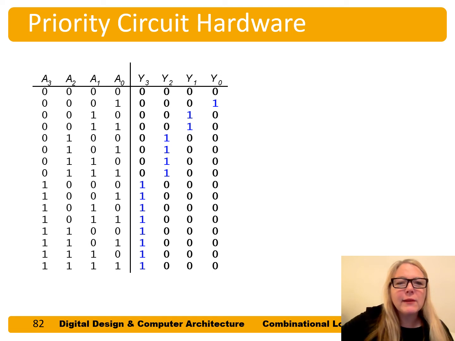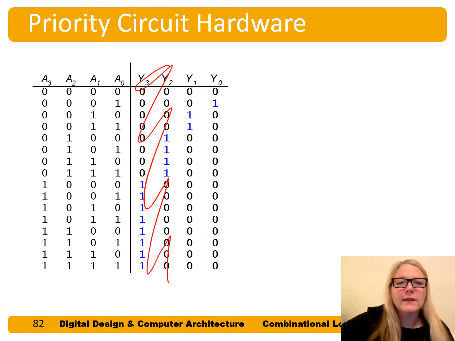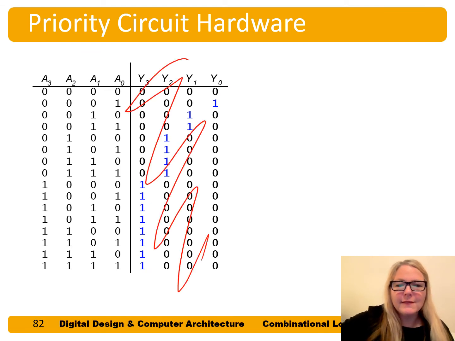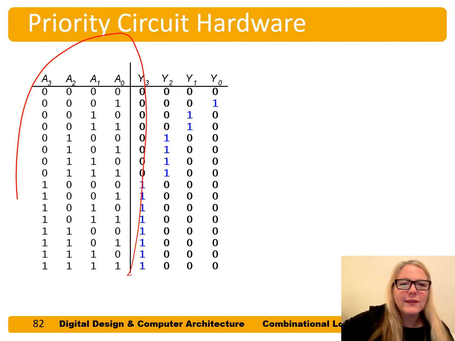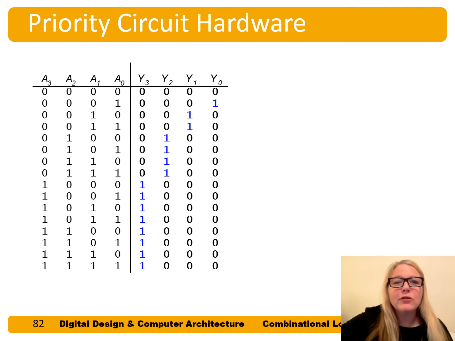But we could have written this table as 4 separate tables. We could have written a table that just has y3 on the output, or a table that just has y2 on the output of the truth table, or y1, or y0. But it's a pain to write this 4 times.